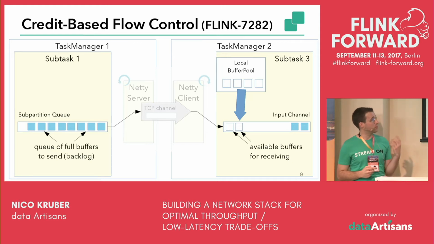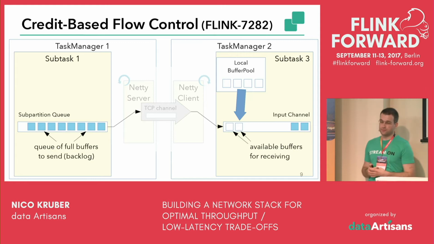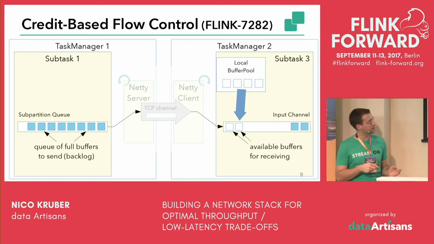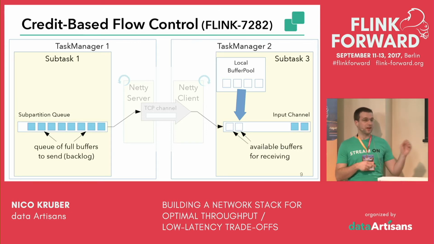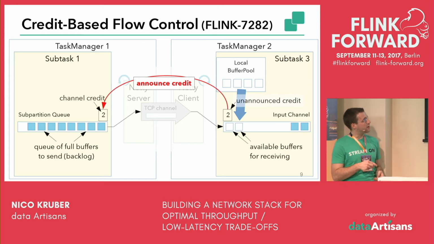And this is how we will do it. We were thinking about a credit-based flow control system, where an input channel itself is getting buffers proactively from the local buffer pool. Then when it has those buffers, in this case 2, that are free, it will advertise this credit towards the sender.